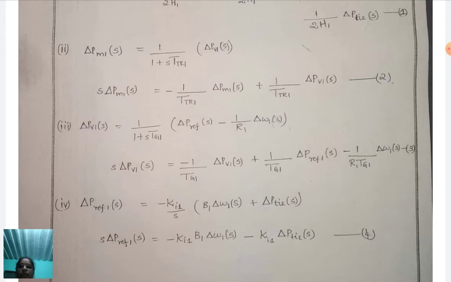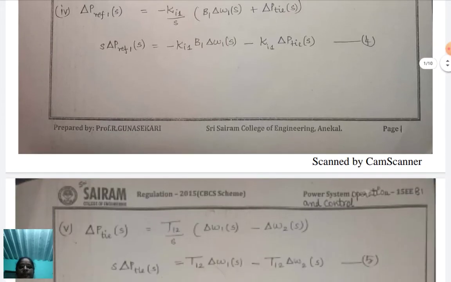So s into del p reference 1 of s equal to minus Ki1 into B1 into del omega 1 of s minus Ki1 into del p tie of s, where Ki is the integral controller gain and B is the frequency bias factor. This is the fourth equation.